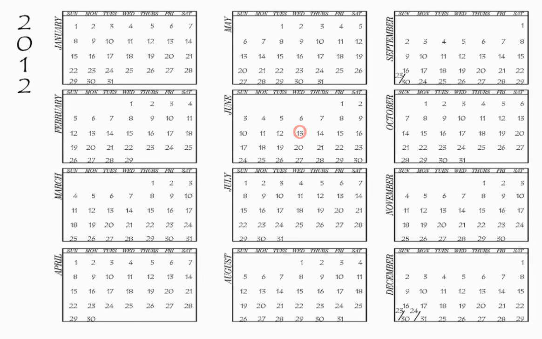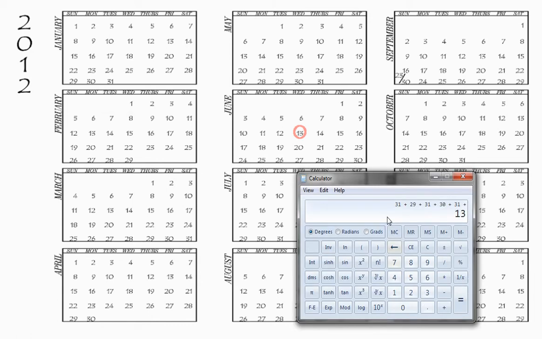March is 31, April's 30, May is 31, and we would add the day of the month number for June, 13, and we add all those up together. 31 for January, 29 for February, and so on, plus 13. And we get 165. So June 13th is the 165th day of the year.